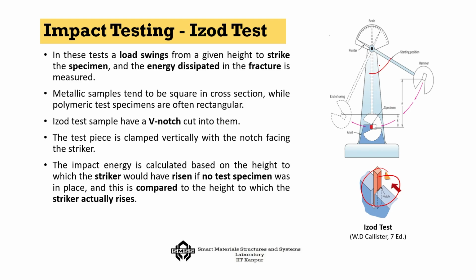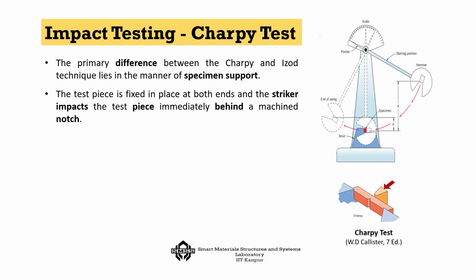So, through that the total impact you can change, and by putting a V notch on the material and then placing this pendulum to hit it from the back, you can see how much of impact it can withstand in an Izod test. That is one way of measuring the impact strength of the material.